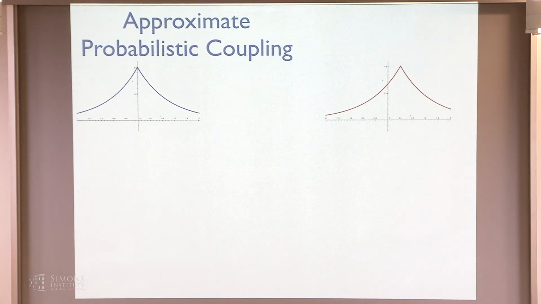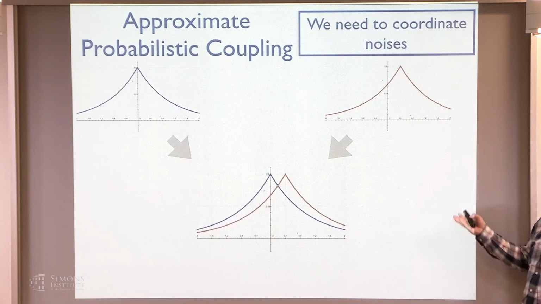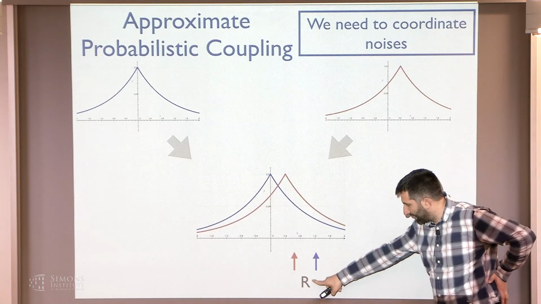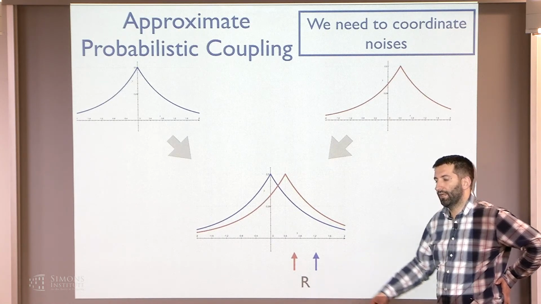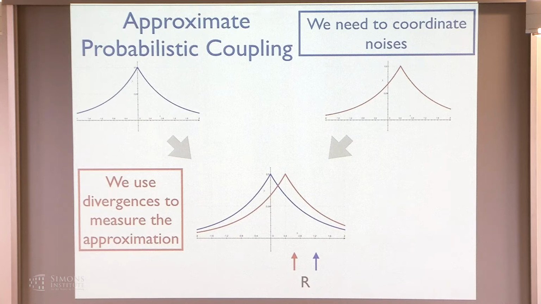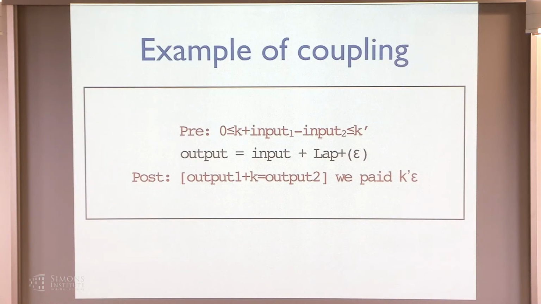So what we call approximate coupling is this. Coupling is usually used to put two distributions on the same space. Here we do two modifications. One is that we have an explicit relation that makes the coupling explicit. The other is that we do this approximation, which is usually a divergence.